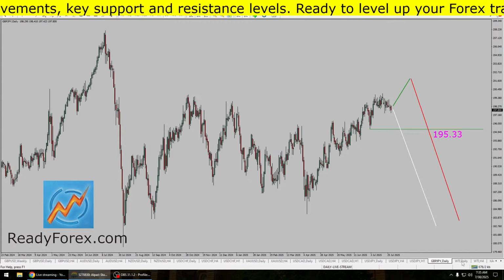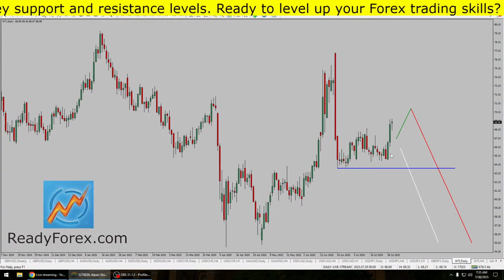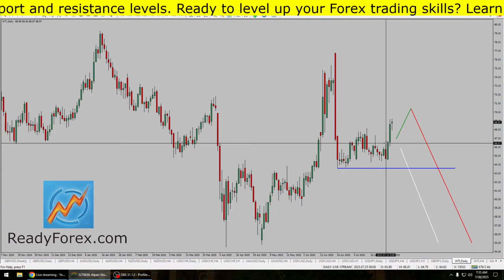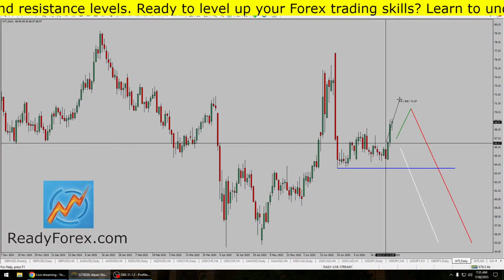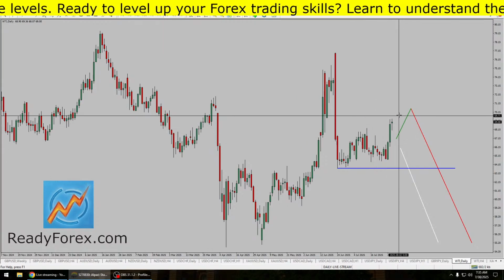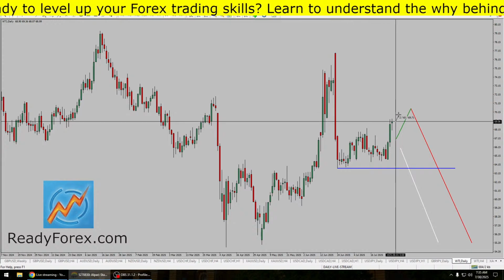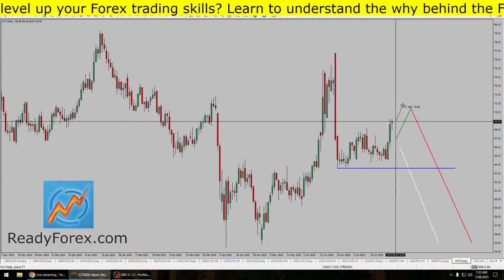Next one is the WTI crude oil. Regarding the WTI crude oil, you can notice that the market is following the forecast and it did go up over here. So we got this nice bullish leg inside WTI crude oil. I expect a little bit more upside. I don't think this is the full corrective leg.